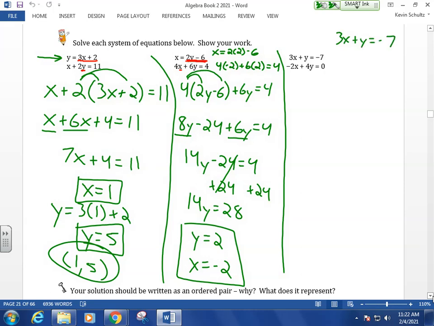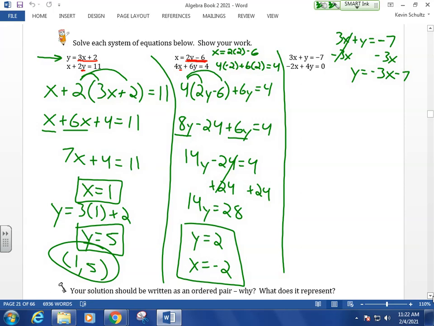equals -7 to move that 3x over by using opposite operations and getting y by itself. y equals -3x minus 7. Just put it into, in this case, slope-intercept form so that we can get that variable isolated, right?